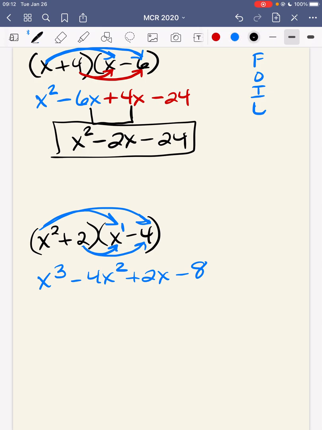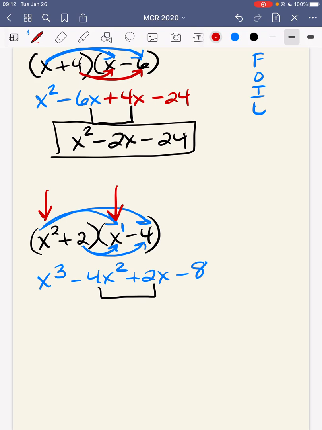Now notice with this particular one, my two middle terms did not combine. The reason this happened was, if I look at my leading terms in my binomials, they're not the same. They have different exponents. So when this happens, you will probably end up with a polynomial of 4 terms, because they won't combine.